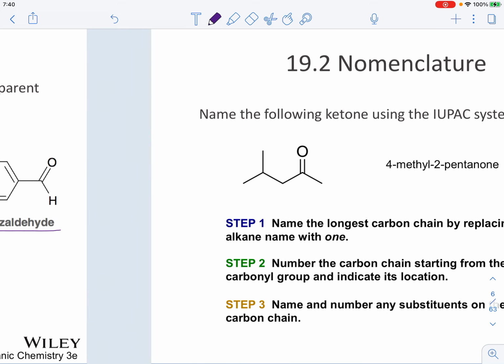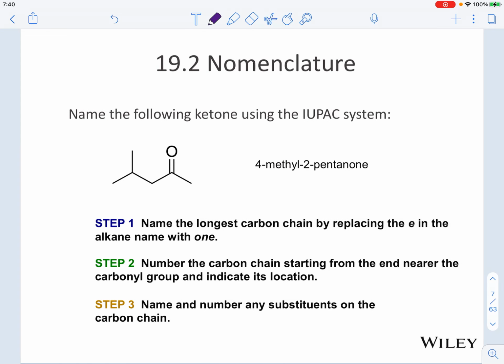Now we are going to go through the nomenclature specifically for ketones. When it comes to ketones, we're going to name the longest carbon chain by replacing the E in the alkane name with "-one", because for a ketone, since that is the functional group, the ending is going to be "-one".